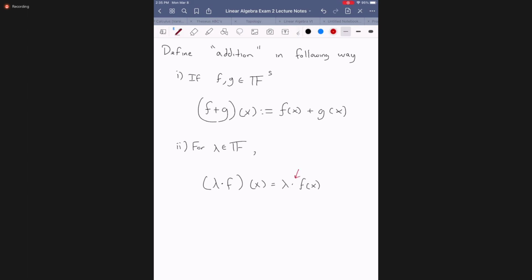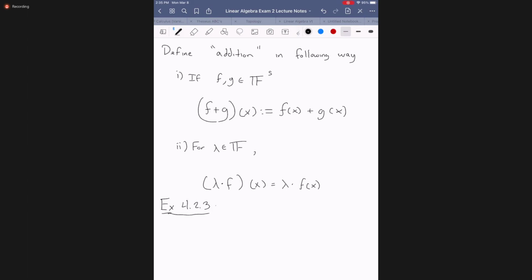Remember, a field carries a multiplication with it, but you don't have to know that. Just remember these two, okay? Now you can see what's going to come next. So what is the next example? Well, the next example is going to be this.